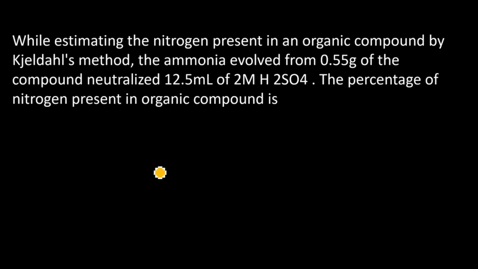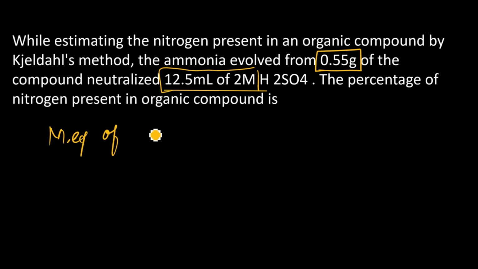While estimating the nitrogen present in an organic compound by Kjeldahl's method, the ammonia evolved from 0.55 grams of the compound neutralized 12.5 ml of 2 molar sulfuric acid. The percentage of nitrogen present in the organic compound is? So here ammonia is neutralized by sulfuric acid. So milliequivalents of sulfuric acid used by ammonia is equal to 12.5 of 2 molar solution.